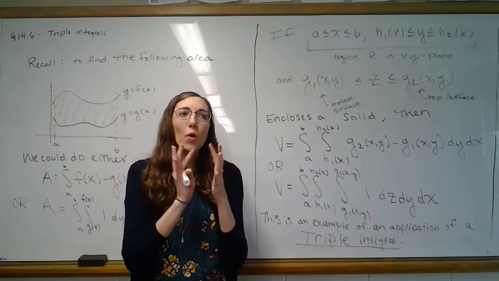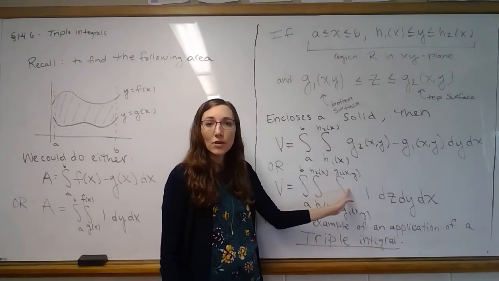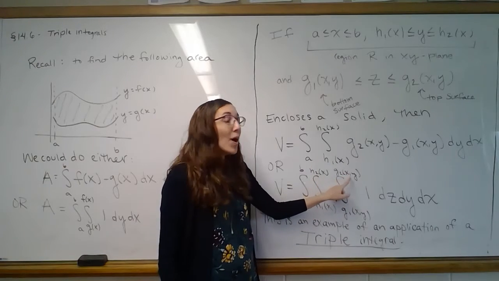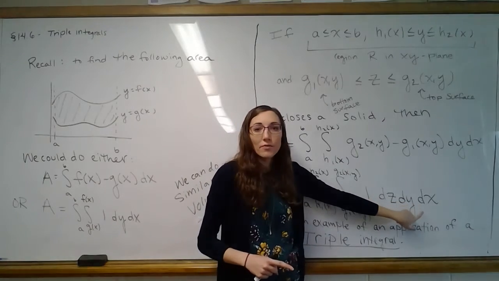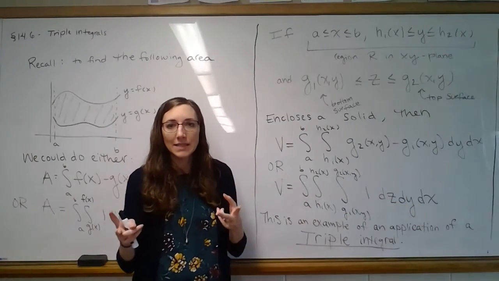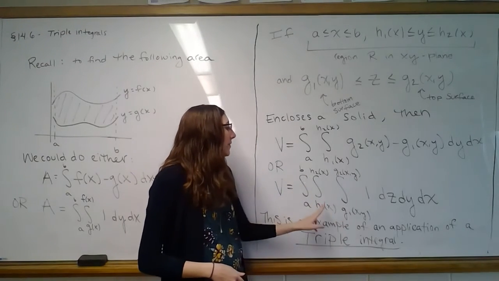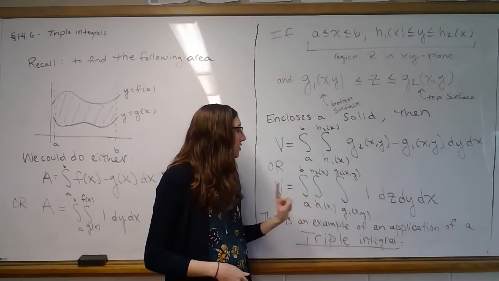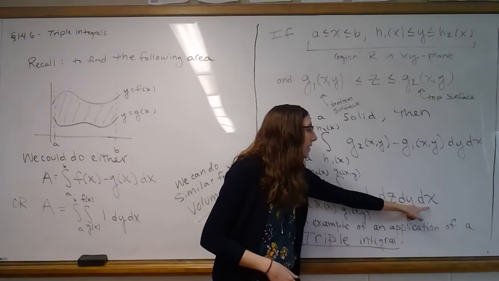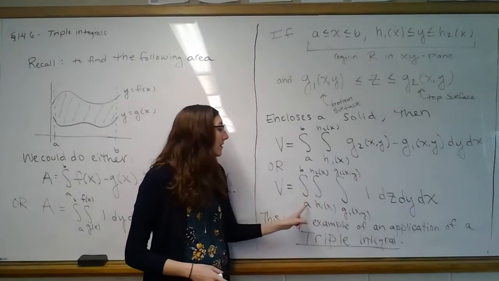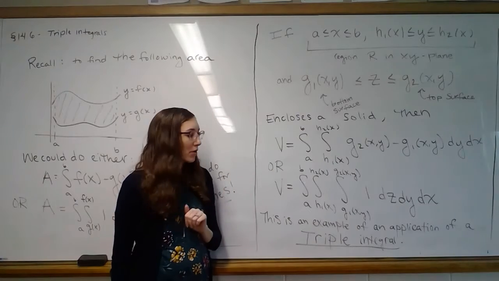One thing to pay attention to is that my innermost integral bounds can be a multivariable function of both of the other quote-unquote constant variables, with respect to z, and then the next one will just have single variable functions. So if we're doing dy, then it can be functions of x, and then the last one is strictly constant bounds. So you have that progression as we go through.